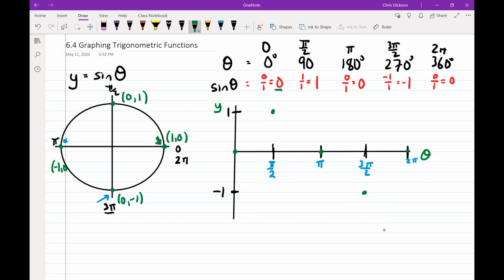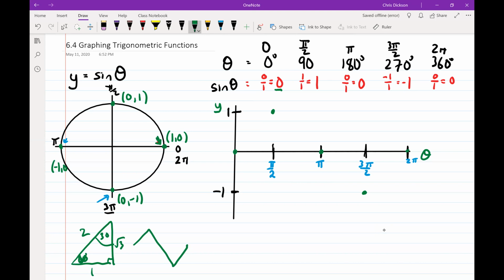Now you might think, maybe we just connect the dots and get some kind of shape here. But actually, let's think of this. If you go to the sine of 30 degrees, think of your special triangle: 30, 2, 1, root 3. So the sine of 30 degrees would be 1/2.